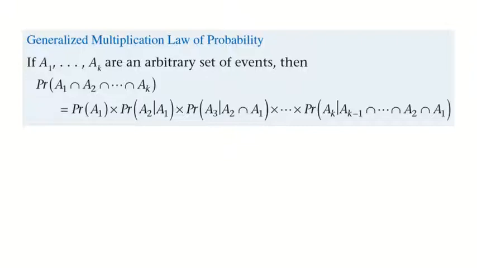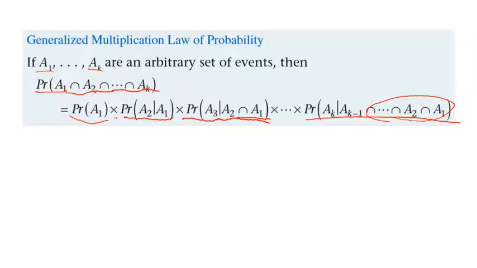If events A sub 1 up to A sub k are an arbitrary set of events, then the probability that A sub 1 and A sub 2 and A sub 3 until A sub k will happen will be equal to, first, the probability of A sub 1 times the probability of A sub 2 given A sub 1 happened, times the probability of A sub 3 given that A sub 2 and A sub 1 happened, until such a time we reach the probability of A sub k given A sub k minus 1 and all of these A subs up to A sub 1 happened.